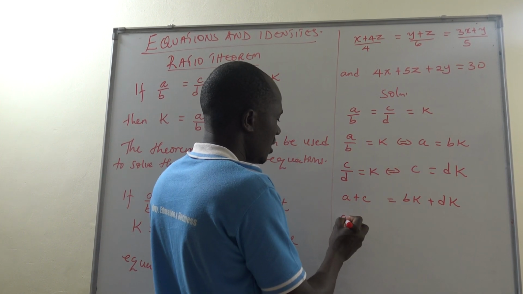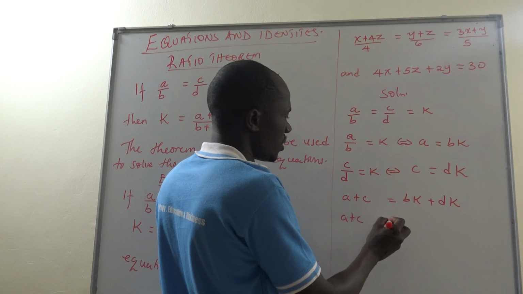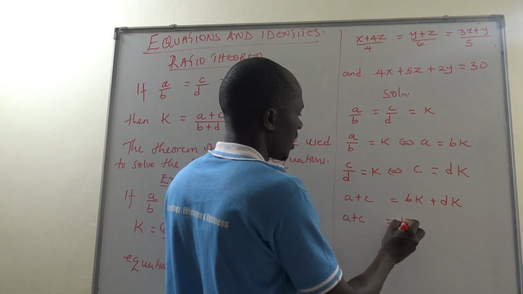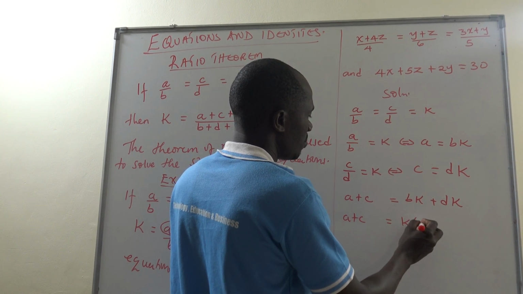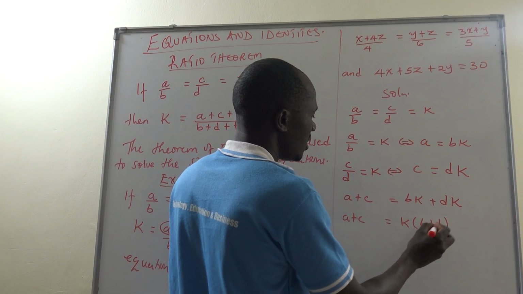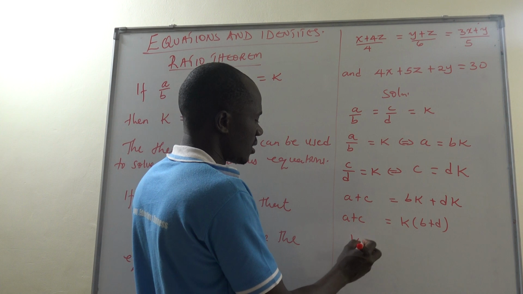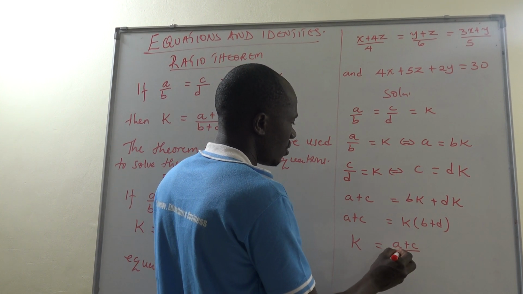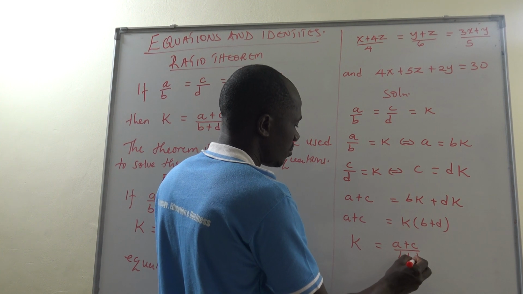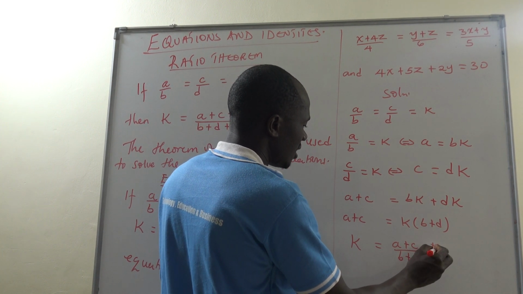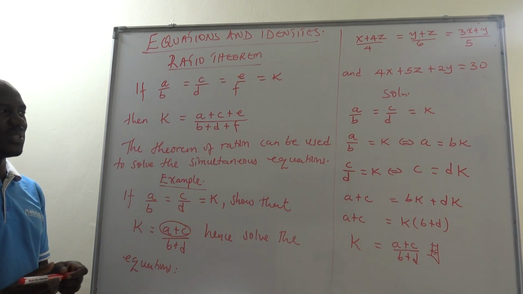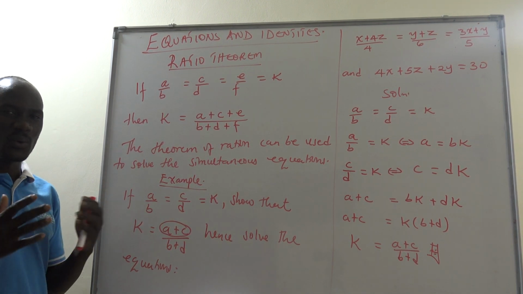So we go ahead, A plus C equals, what is common there? What is common there is K into B plus D. So can we make K the subject? What is K? K becomes A plus C all over B plus D as required. I think I've shown how I've come out with that one.